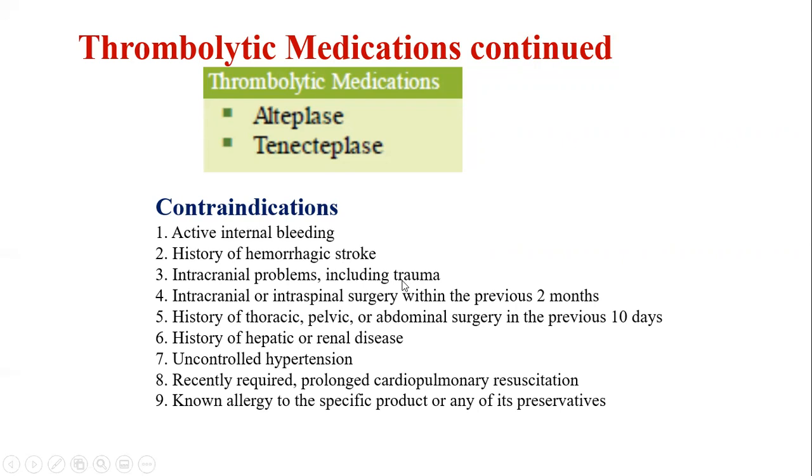So if your patient has these problems, it is good not to use thrombolytic medication. If the patient has a history of thoracic, pelvic, or abdominal surgery in the previous 10 days, it is good not to give them thrombolytic medication.